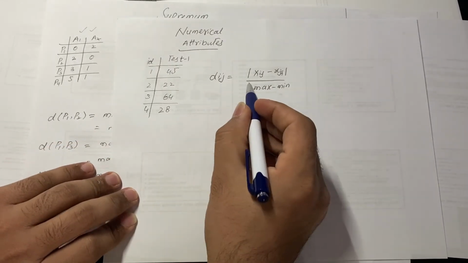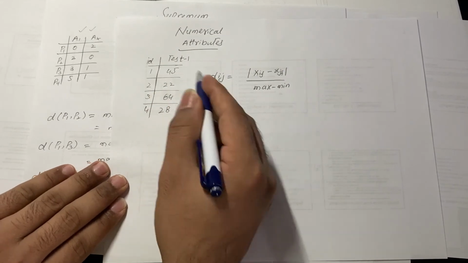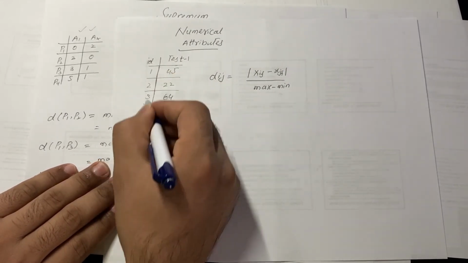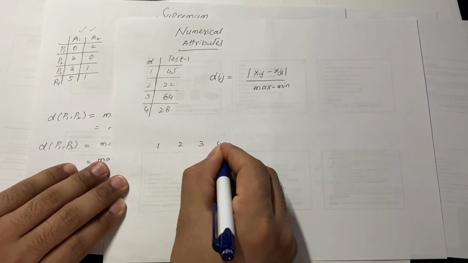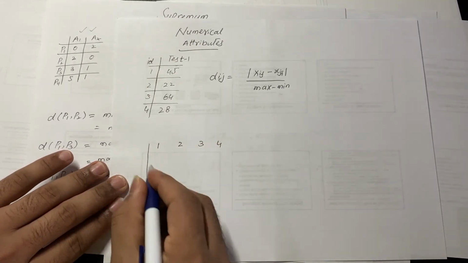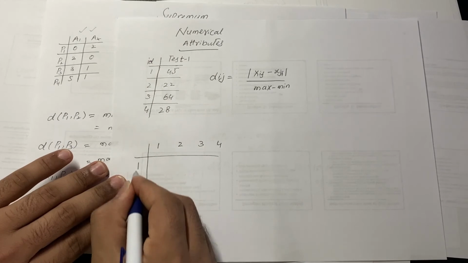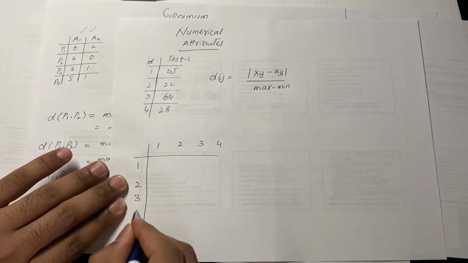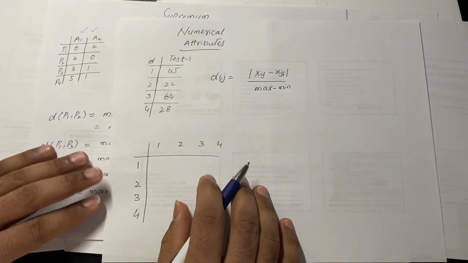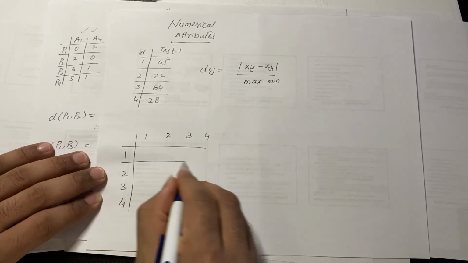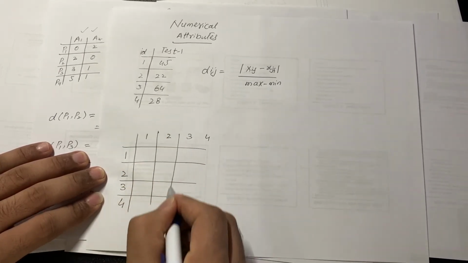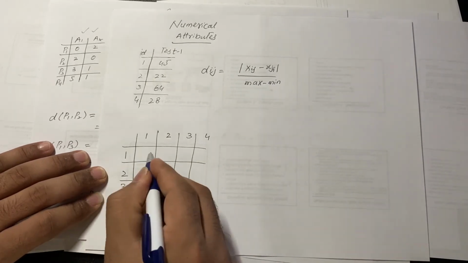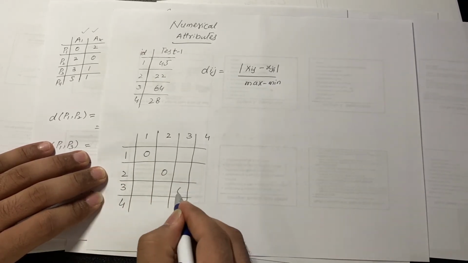We will use this formula to create the data matrix. We have 4 objects, 1, 2, 3 and 4. I am creating a 4 by 4 data matrix. The diagonal will always be 0.